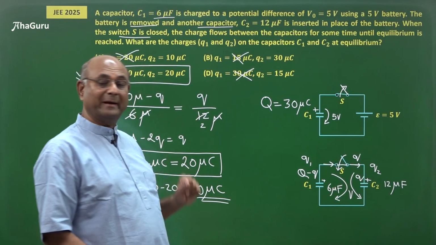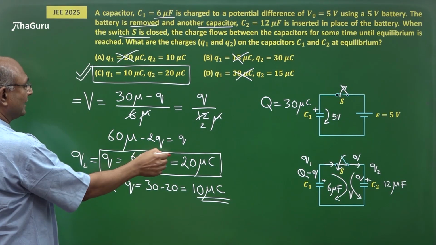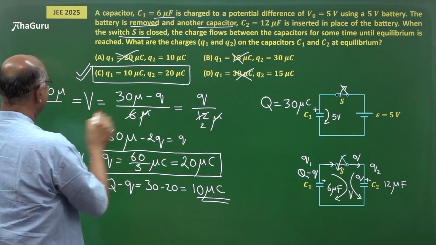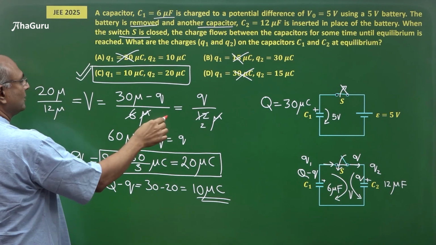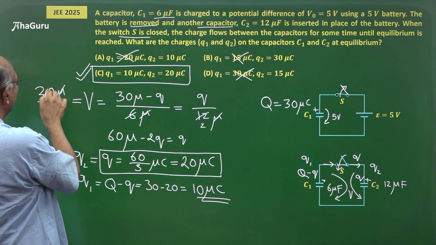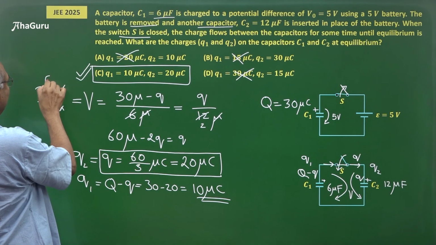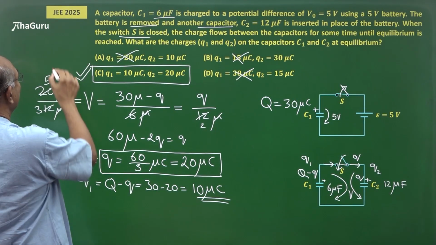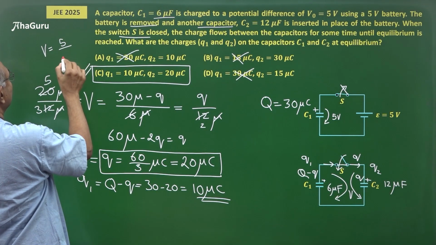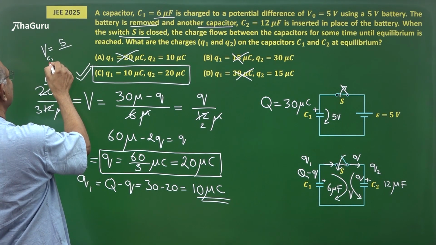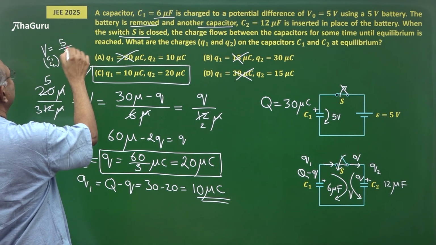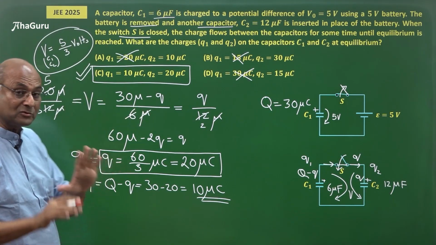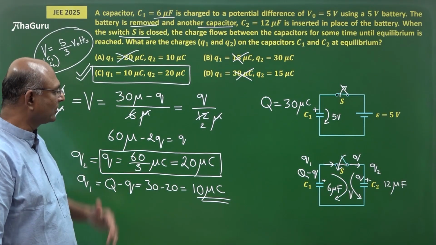Cancelling, 4 into 5, 4 into 3, you get that the final potential drop is 5 by 3 volts. So V across C1 or C2 is 5 by 3 volts. That was not asked, but that's what we got.